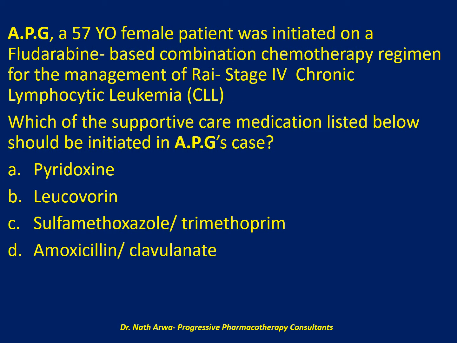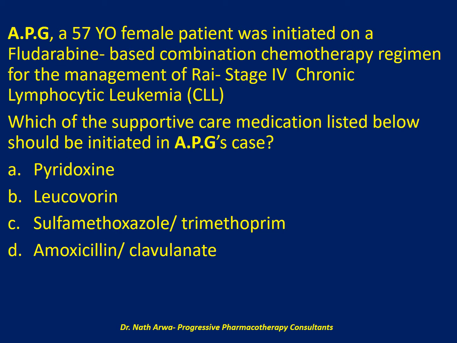And it reads: Mrs. APG, a 57-year-old female patient, was initiated on a fludarabine-based combination chemotherapy regimen for the management of what we call Rai stage 4 chronic lymphocytic leukemia, CLL.